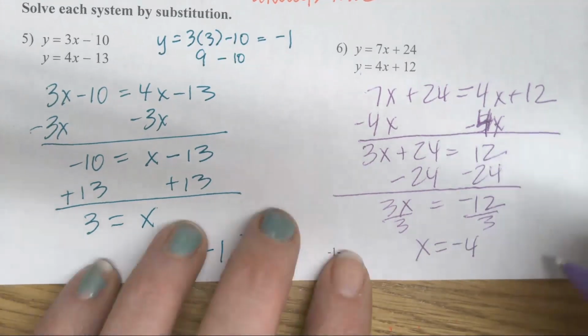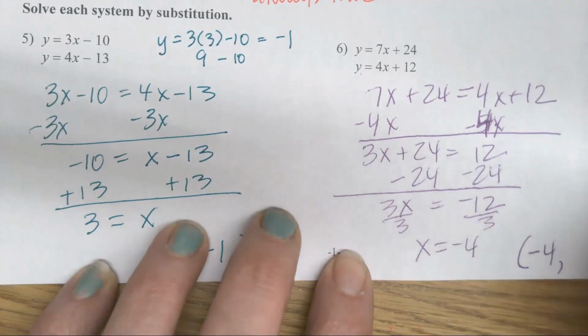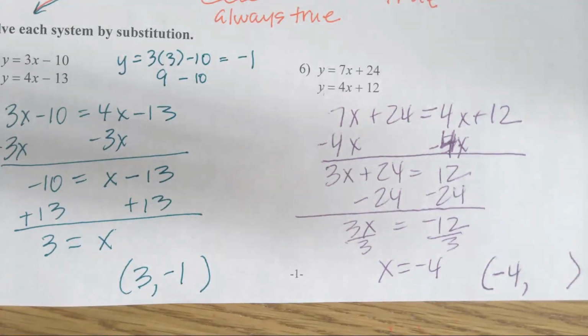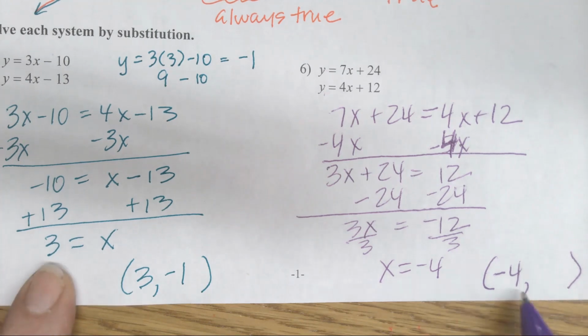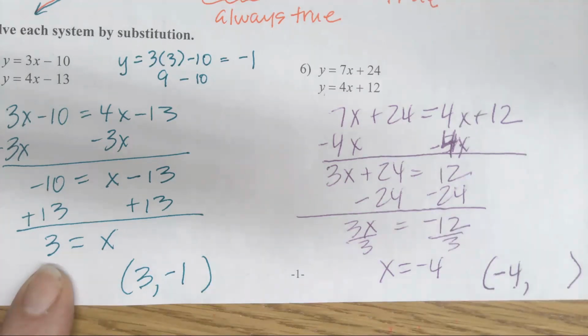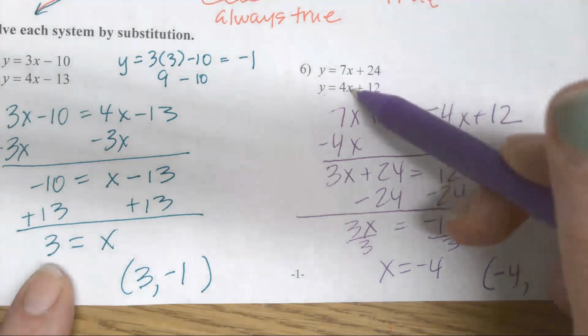Okay, so I got my x. Now I need the y. How do I do y? I did the math, I did the algebra, I got my x. How can I do y? How can I figure out what y is? Put the x in for either one of these.